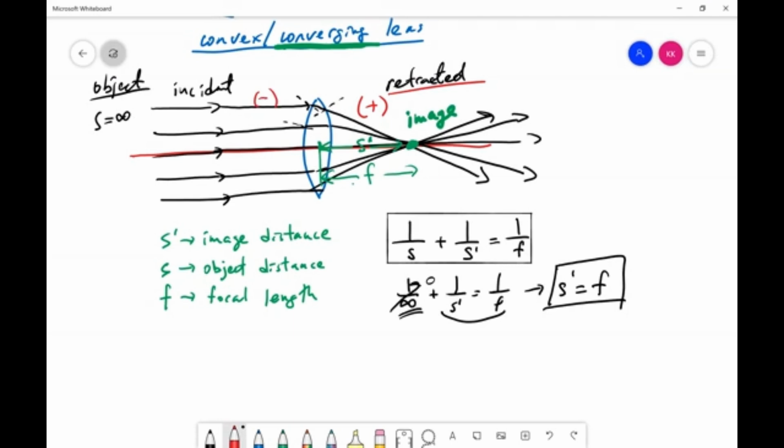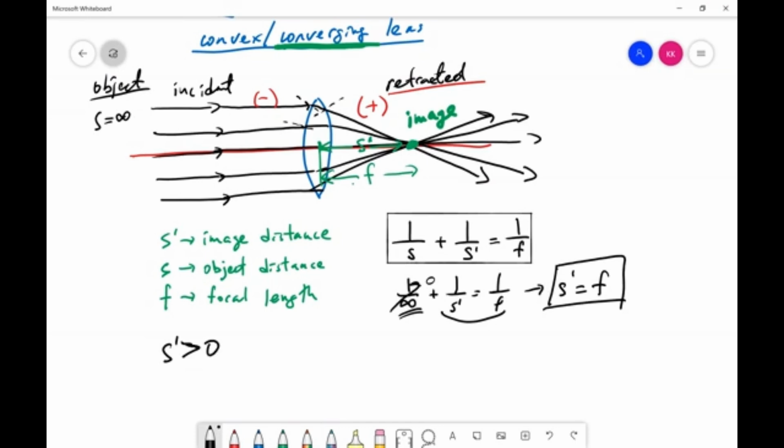So for this convex or converging lens, positive is where the outgoing light is, because the light refracts and goes to the other side. That means, for example, if your image is located on the same side as your positive side, then the image distance will be positive.